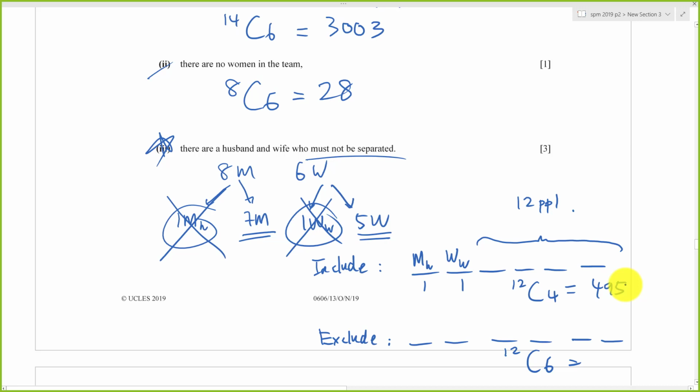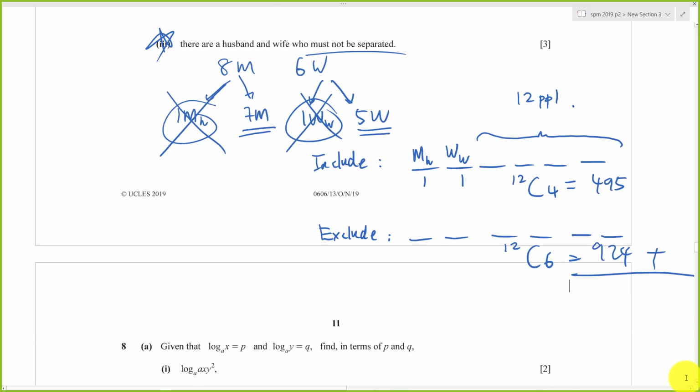So 12C6 is going to give me 924. And then I'm going to add them together. It should be 1419 ways of choosing the 6-member team. Okay, so far so good.